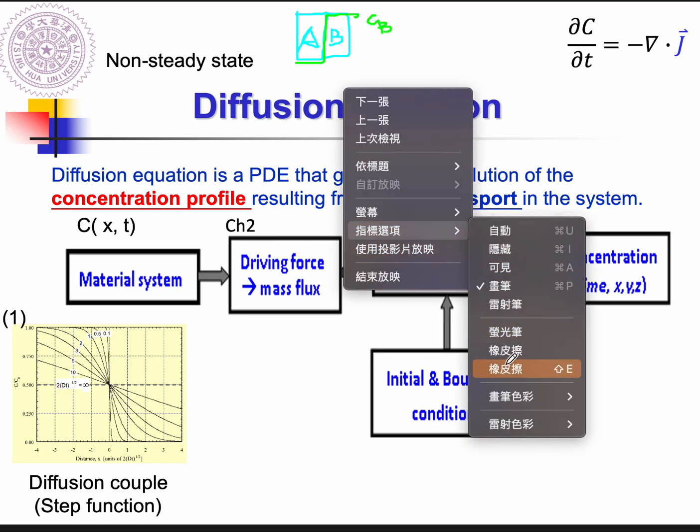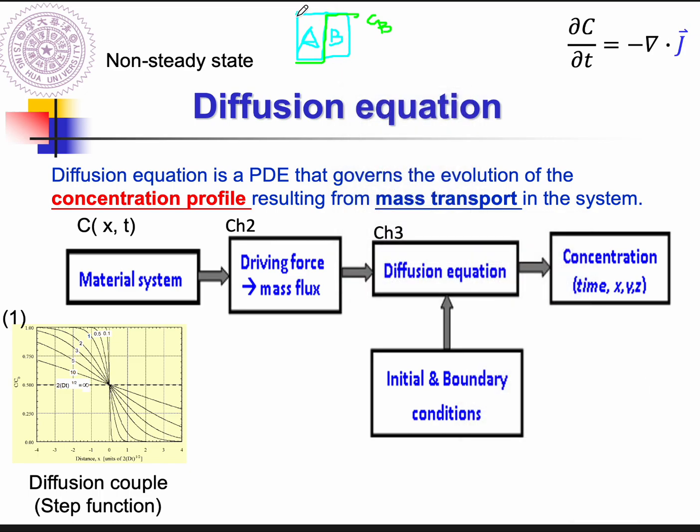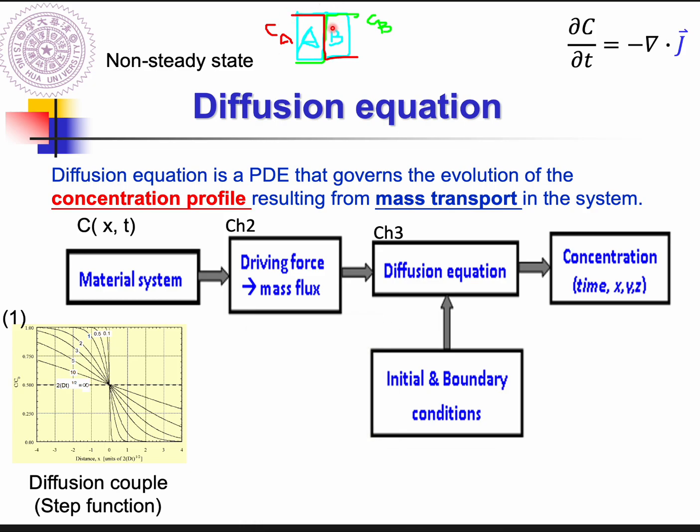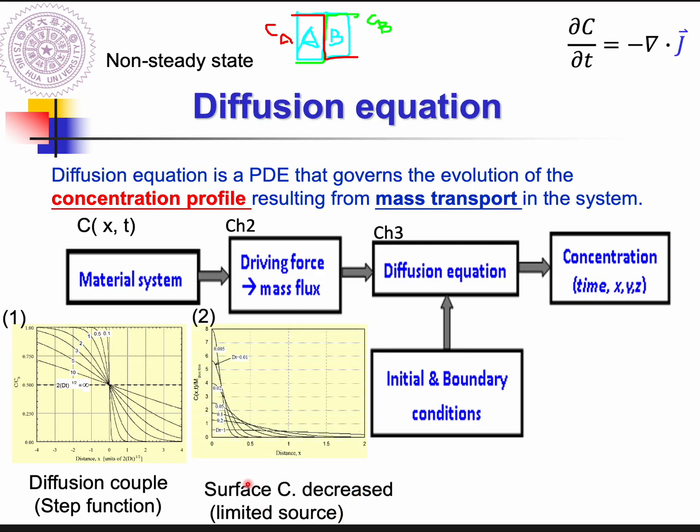So CA is like this, a step function as well. So the first material system we call a step function, and a lot of interdiffusion happens in between, so we call it a diffusion couple. The second case, some people call the surface concentration decrease case, and this one has a limited diffusion source.